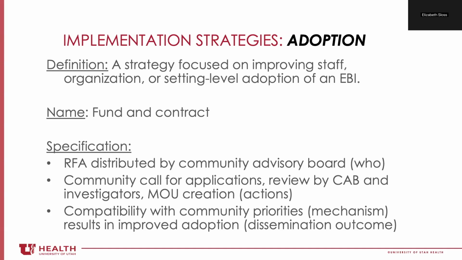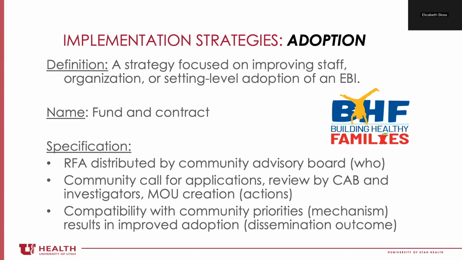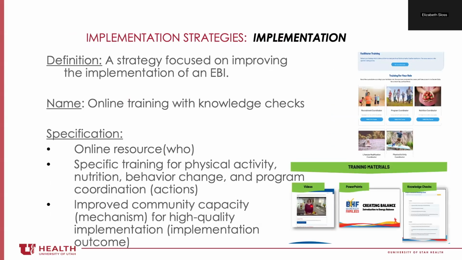That's what we do as part of the strategy. And then from a mechanism standpoint, we think that this improves the compatibility with community priorities, and that results in improved adoption. Okay, so again, I think a lot of this for me is us just being really clear in our communication in what we're doing and how we're moving forward on these strategies.